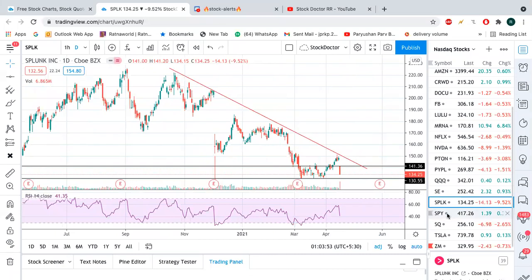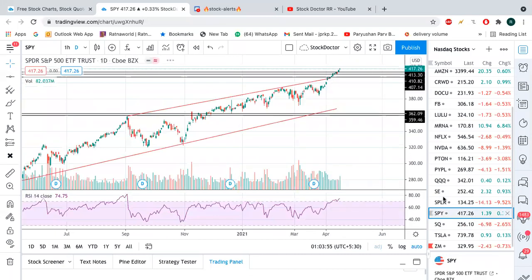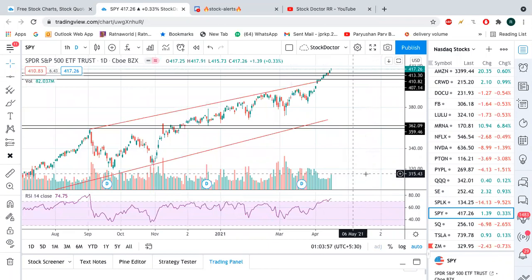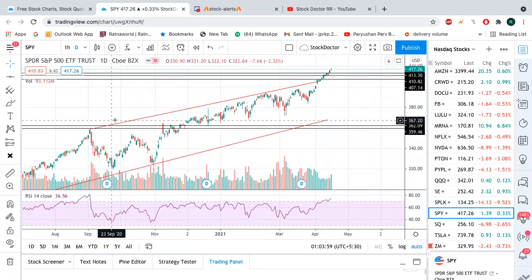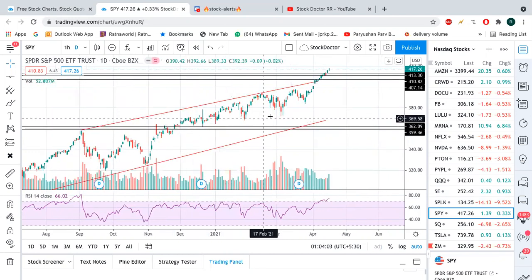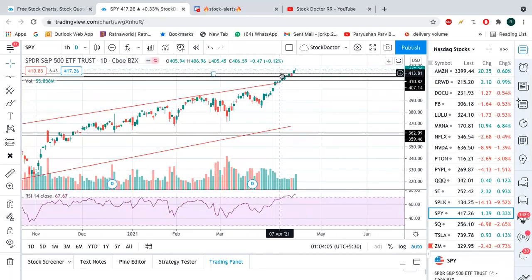The next stock is SPY. SPY is continuously trading on the upper side of the channel. It broke this channel's upper end to the upside with consecutive green candles.